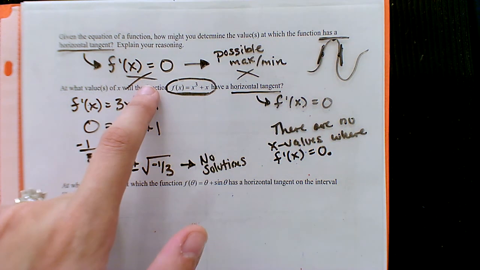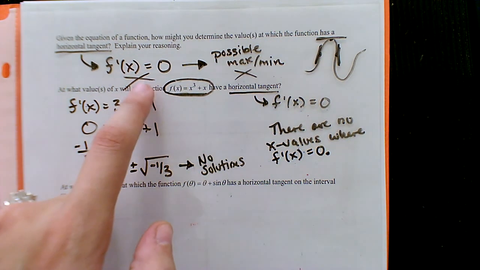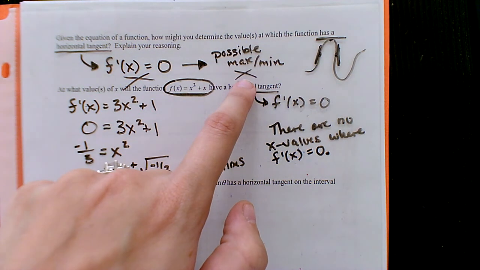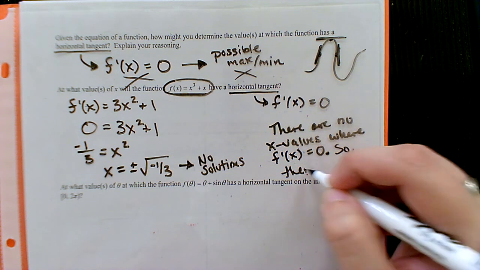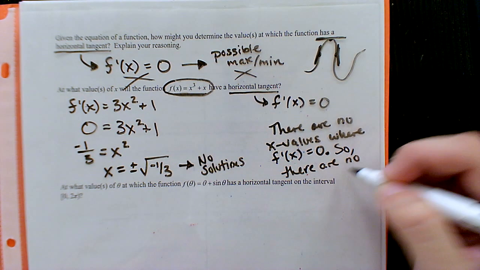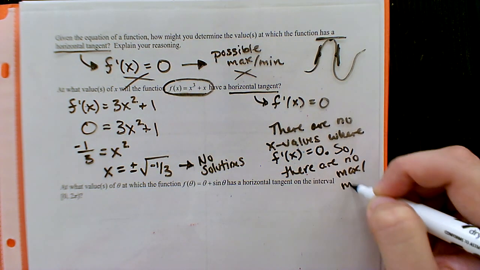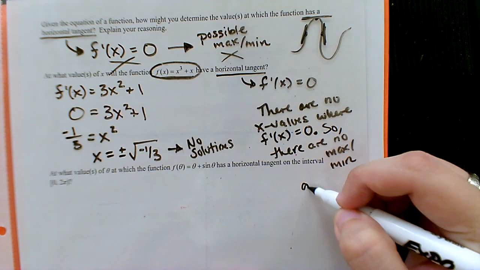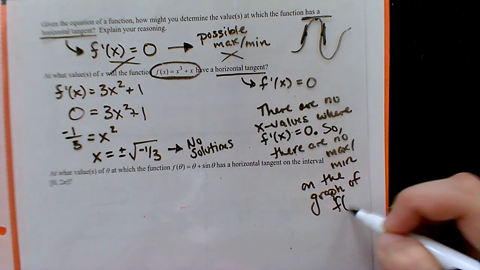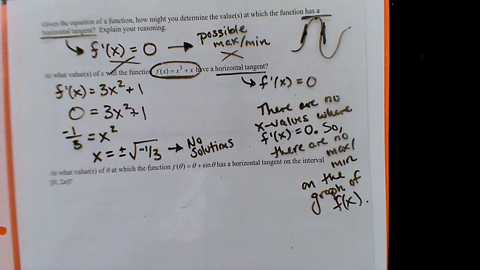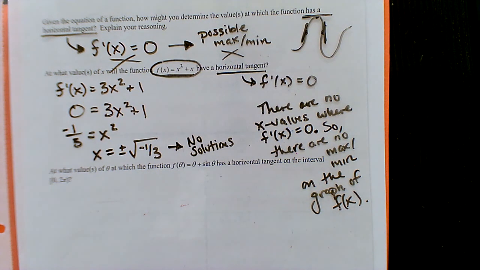If there's no location where you have a horizontal tangent line, that must mean there's no max or min on the graph. So there are no max/min on the graph of f of x, that original function. So there's no high point or low point.